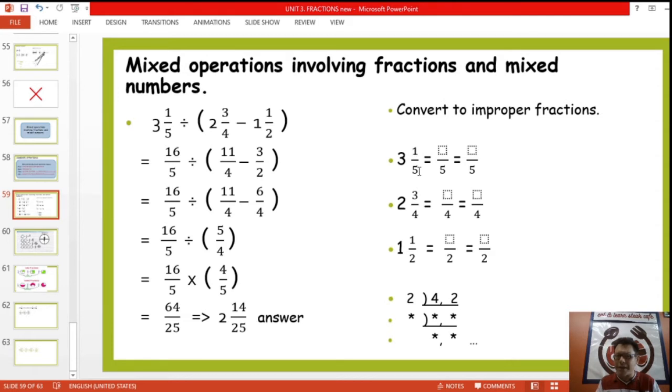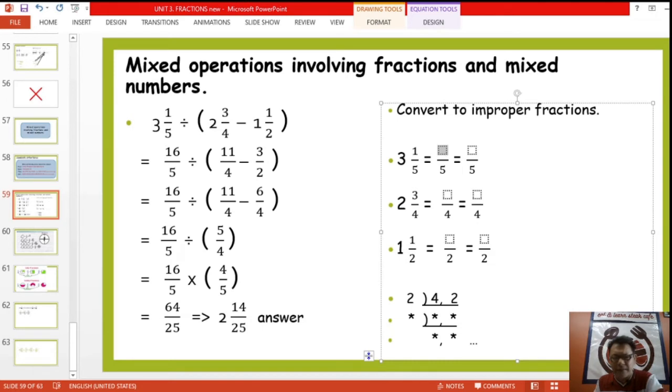So here, 5 times 3 is 15, plus the numerator 1 is 16 over 5. 5 is your denominator, the same denominator.